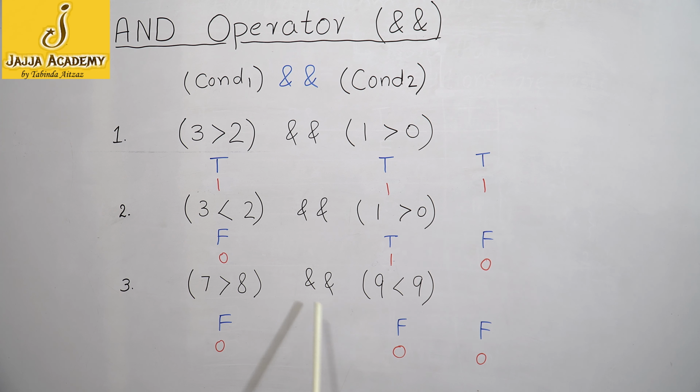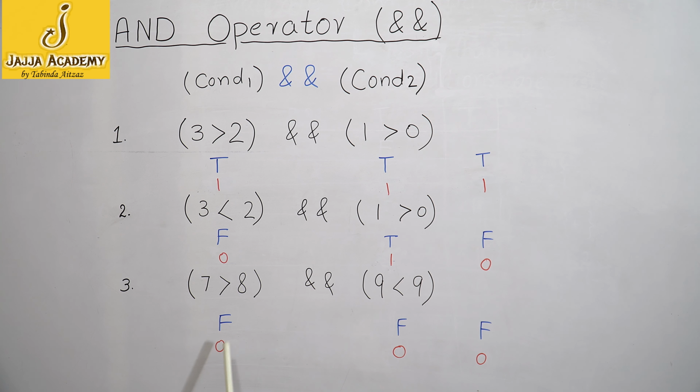False and false will be equal to false, or you can say that 0 multiplied by 0 is equal to 0. So if you have to produce results in the form of true false, then you will write T for true, F for false, and if you have to return the results in form of 1 and 0, then you can write these results.